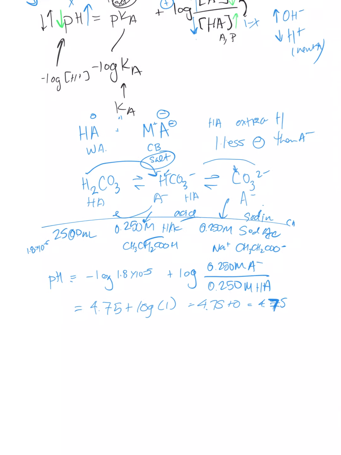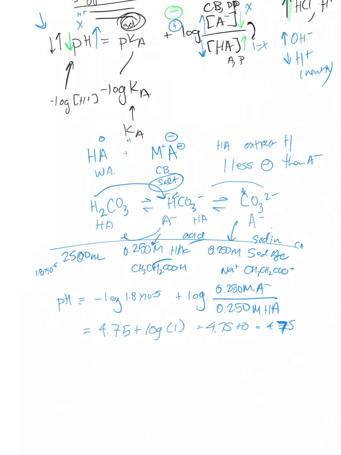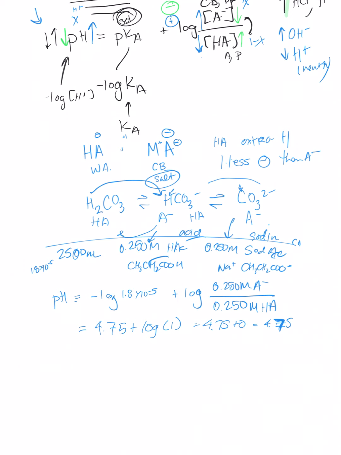Okay, so let's do a different situation. So let's say that we are adding NaOH to a point. And in fact, you don't necessarily have to do it just at molarity. You can also do it in moles.